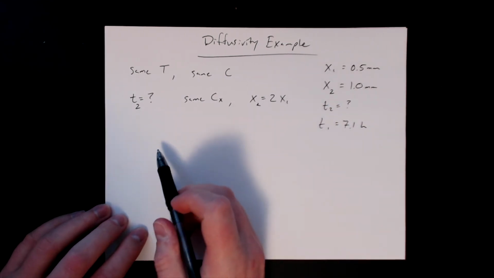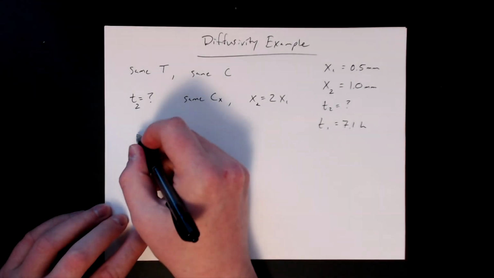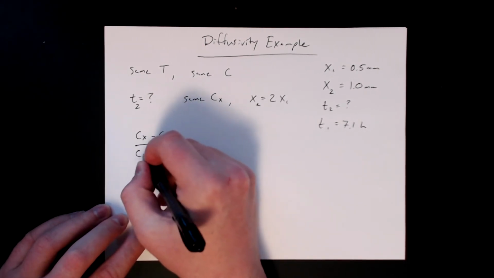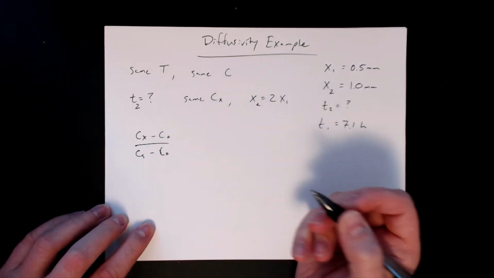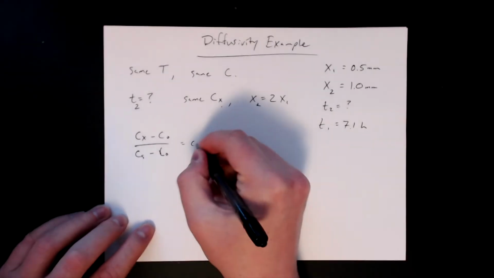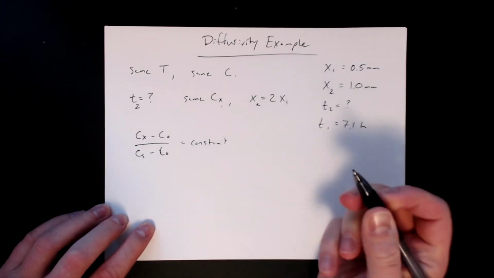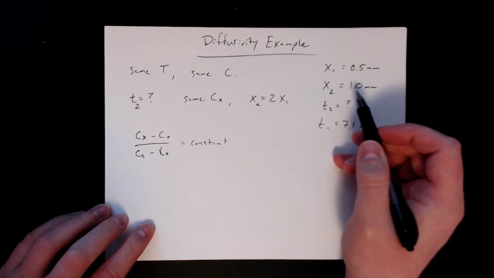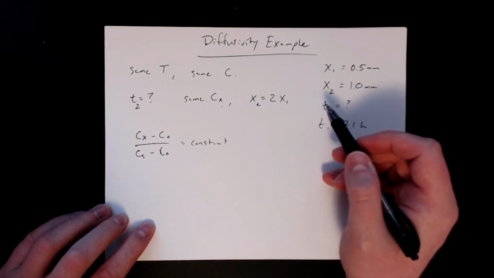And so the important thing to realize here is that the left side of that expression, right, Cx minus C naught over Cs minus C naught, all of these are the same. This is the same, this is the same, everything's the same. So this is a constant. And so really the only thing that's changing is the time, temperature, and then we're going to look at the diffusivity, right?